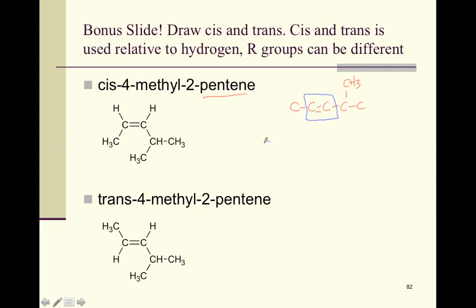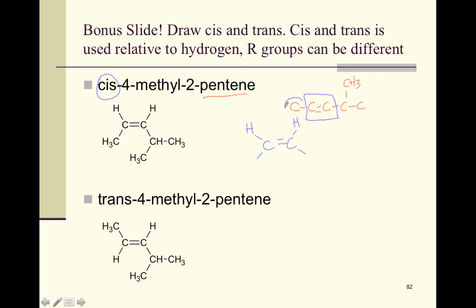So I'm going to rewrite those 2 carbons with the 120-degree bond angle. And what I know is it wants me to draw a cis. Cis means the hydrogens will be on the same side of the double bond. So I'm going to go ahead and put those in right away on the same side of the double bond. All right, so now to finish the structure, I've already got the hydrogens handled for this carbon here.